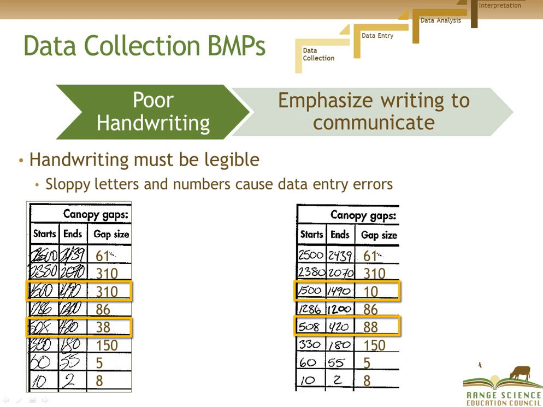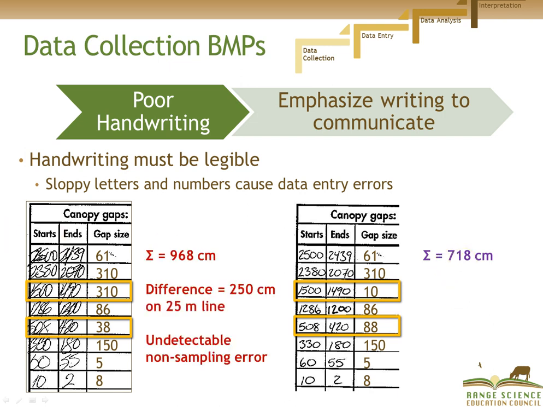Now, where the error comes in, if we're looking at gap size in this case, is that the total gaps interpreted by this data set here is 718 centimeters, whereas when we look at the poorly written example, the total gap size was 968 centimeters.